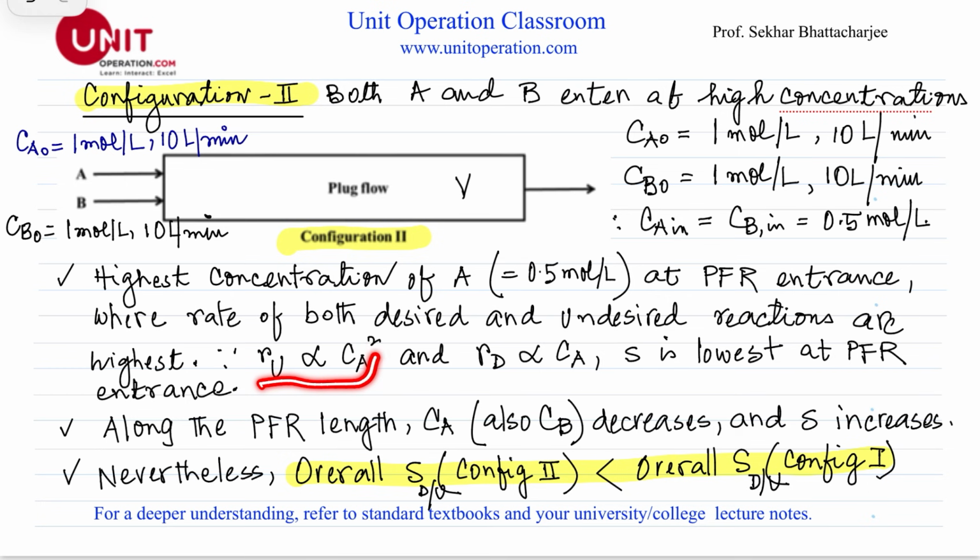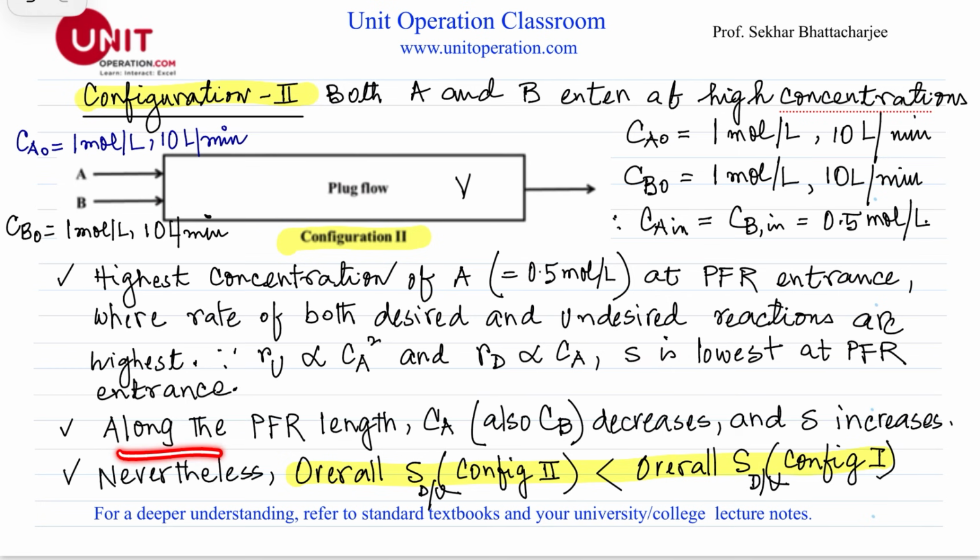So the rate of undesired production is second order, and desired production is first order. So S is lowest at the PFR entrance, where the concentration is very high. So we have the lowest selectivity of D over U at this entrance, but then it improves as it goes on, because the concentration of A is decreasing.